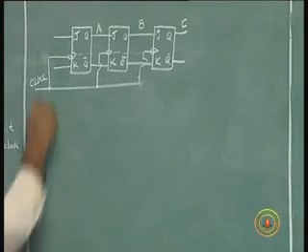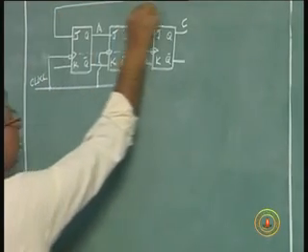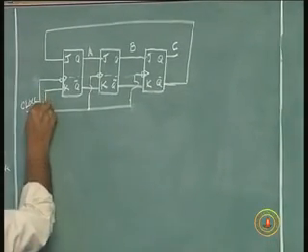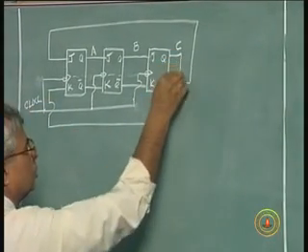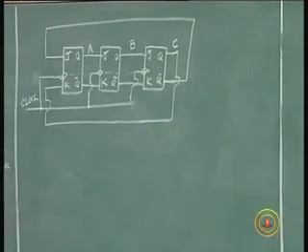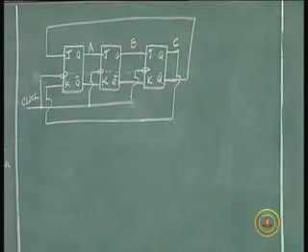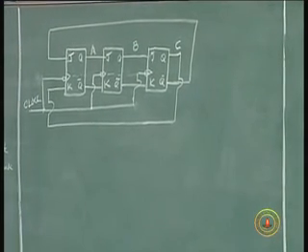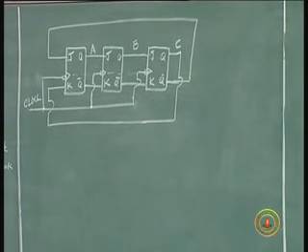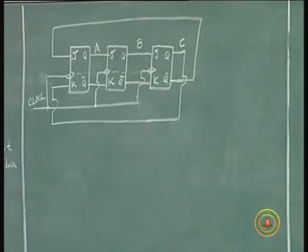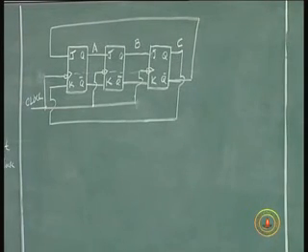What I'm going to do is to connect this J to this Q bar, and K to... So you have 3 JK flip-flops: the output of the first JK goes to the second JK, the output of the second JK goes to the third JK, and the output of the third JK goes into the input of the first JK with a twist, Q and Q bars.